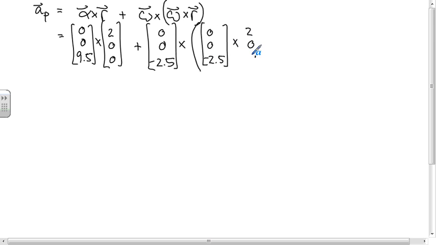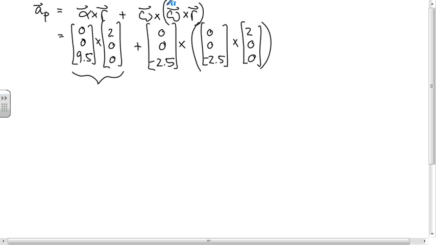And then 2, 0, 0. Okay, this one, is this the tangential or the centripetal component? That is the opposite of the right answer, the exact opposite. So this is the tangential. Good. And this is the centripetal.